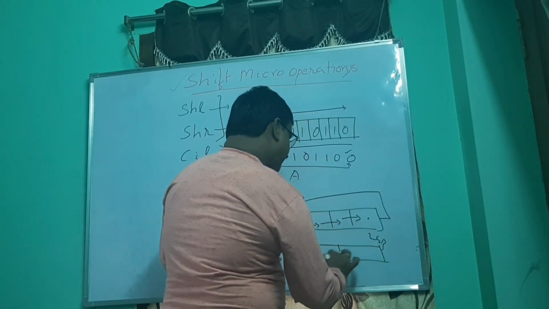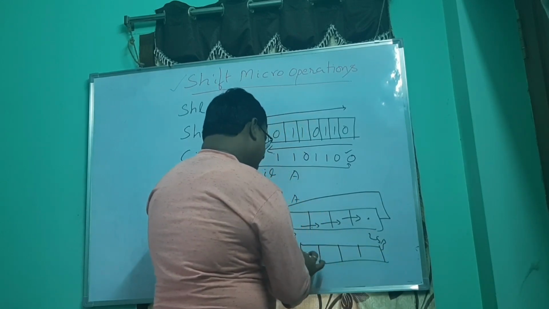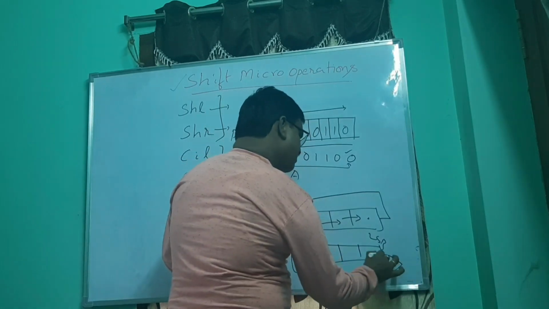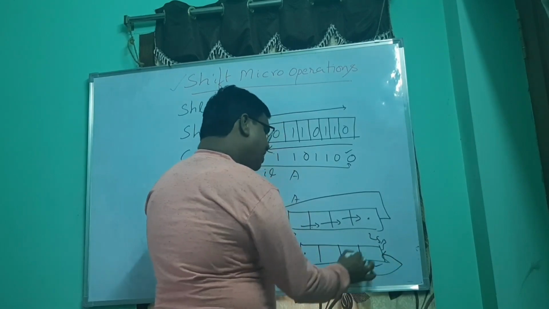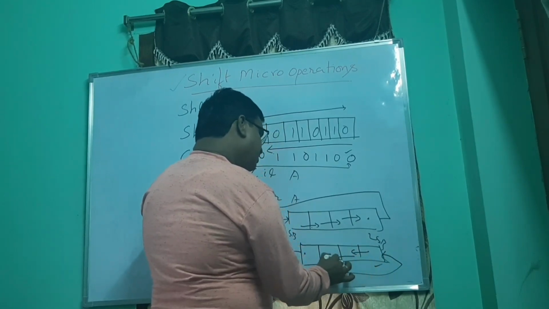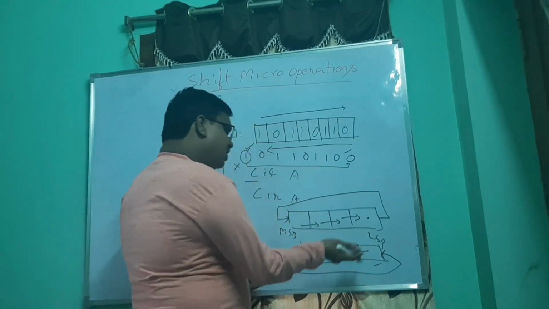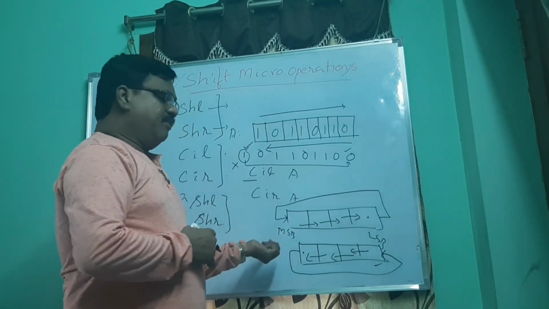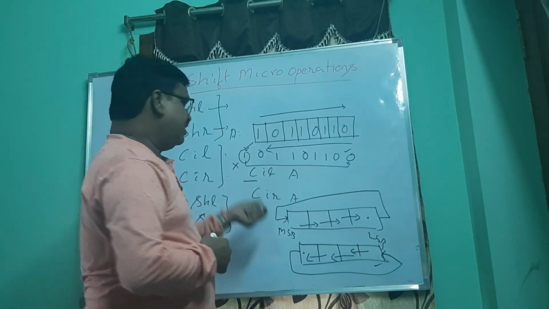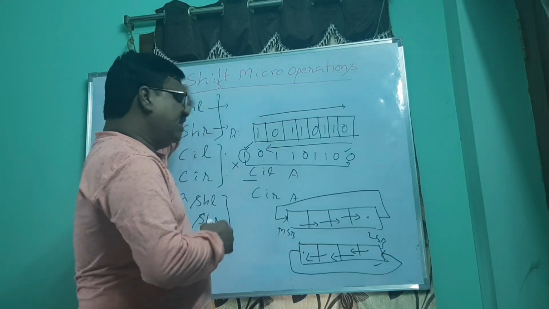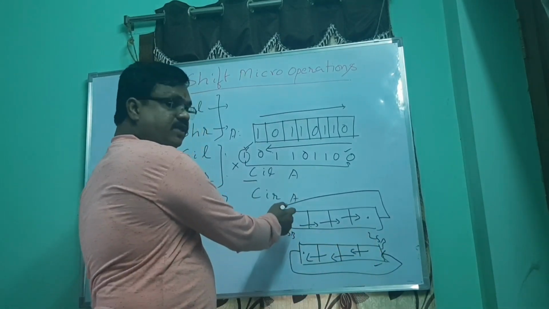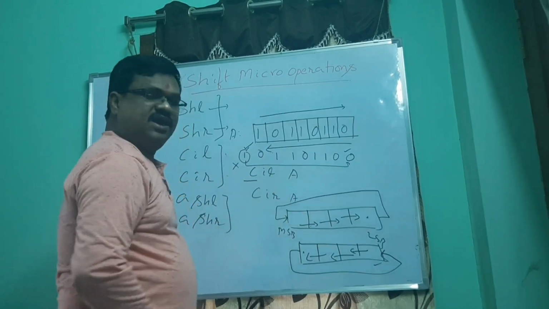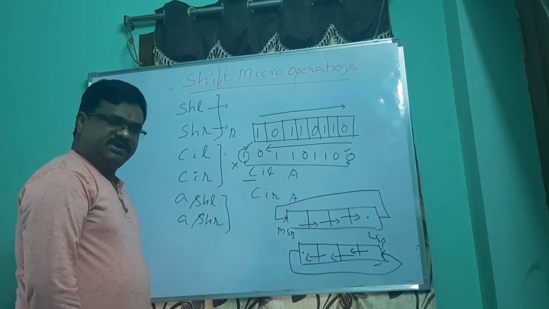When you perform it like this, this MSB will come and be placed here, and this number here, this number here. So always the number that is supposed to be discarded as per the previous instruction is copied into the LSB or copied into the MSB. This is called circular shift operations.